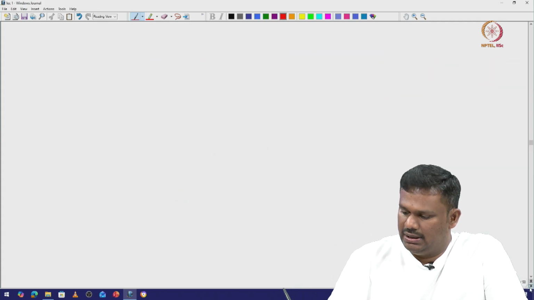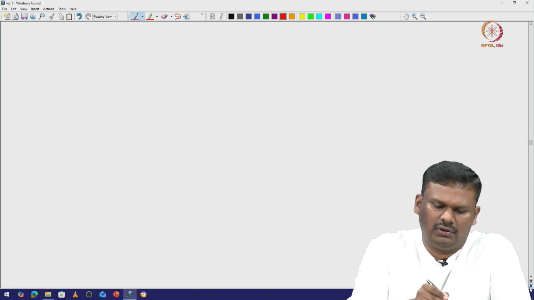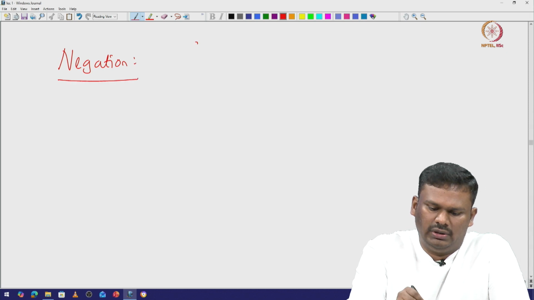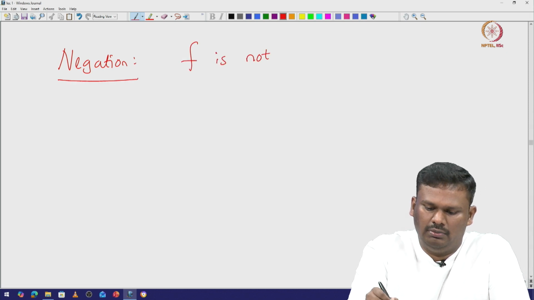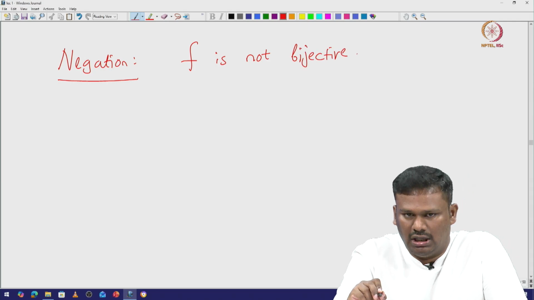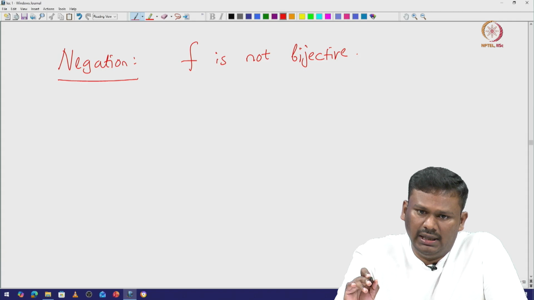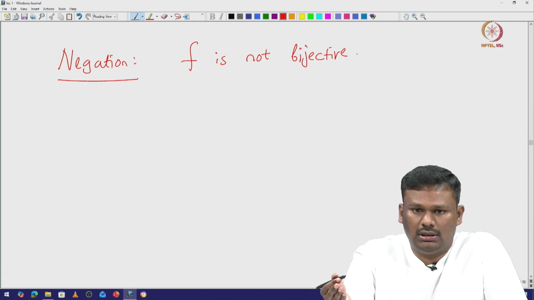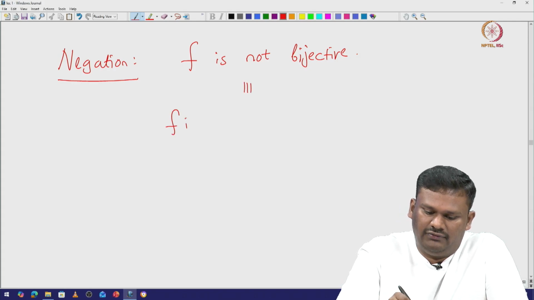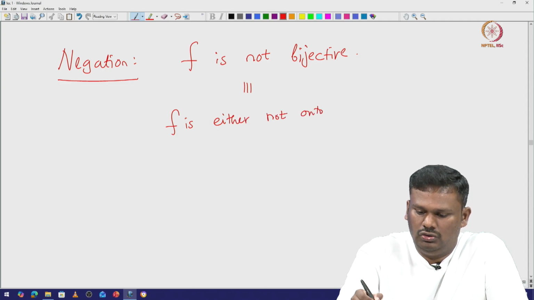So, let us try to write down not bijective. Okay. So, here is the negation that we want to write down. f is bijective, the negation will be f is not bijective. But what does it mean? That means it is either not onto or not 1 to 1. Okay. So, this is the same as saying f is either not onto or not one to one.